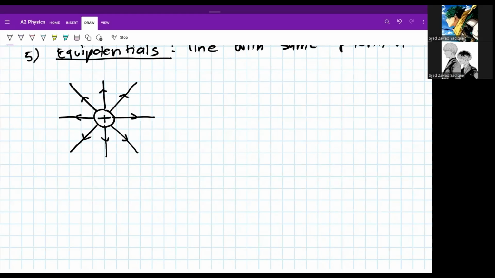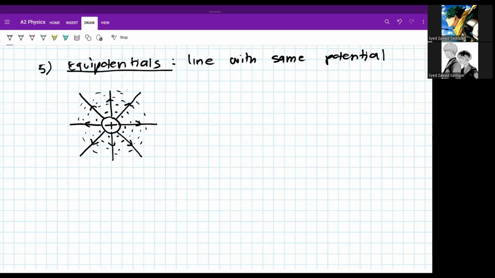Now, across this are the electric potentials, and the lines crossing through it have the same electric potential, and it's called equipotential. So yes, nice.